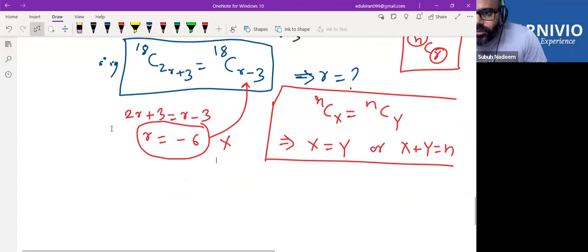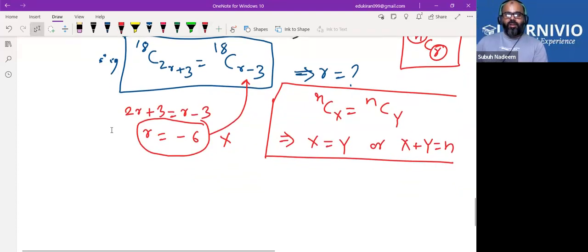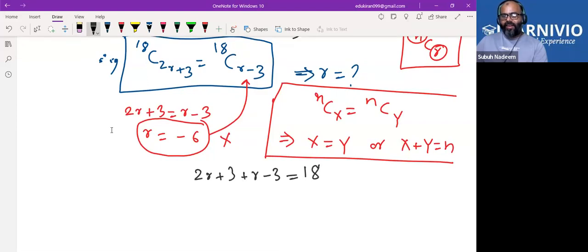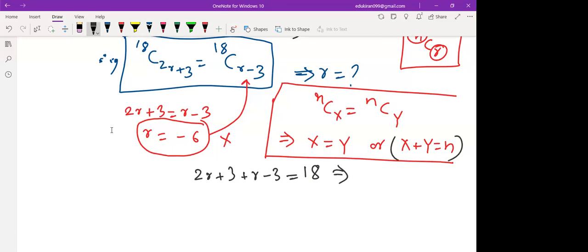So another possibility is that 2r plus 3 plus r minus 3 is equal to 18, x plus y is equal to n. What do you get for r from here? 6.